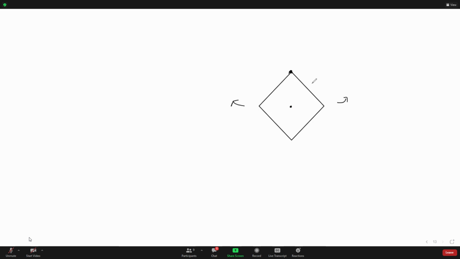So if I have a side A, then what is this distance right here?